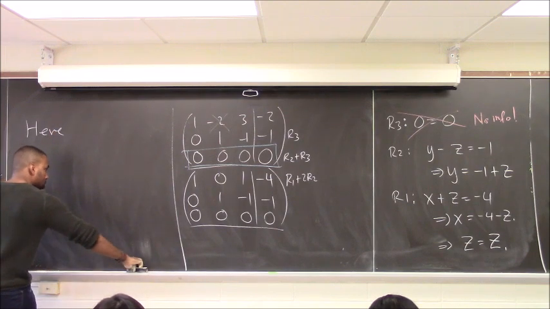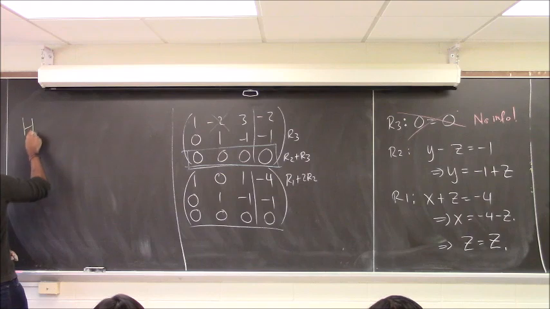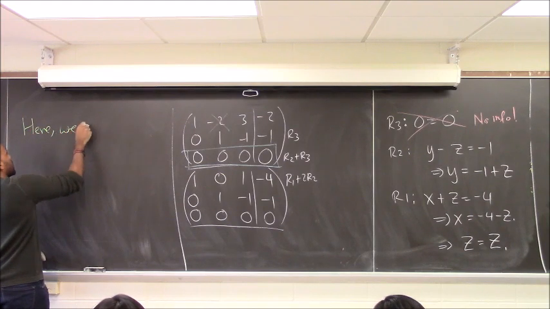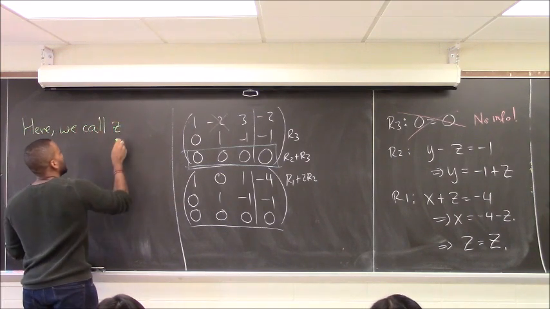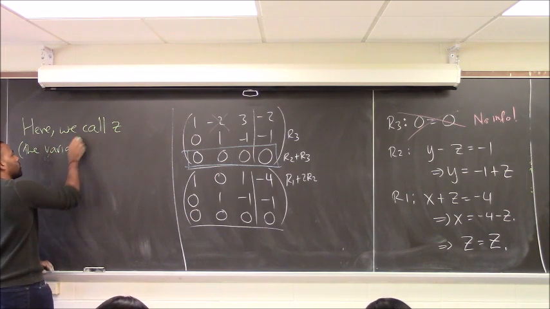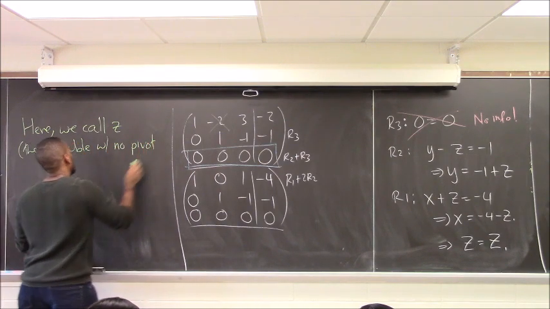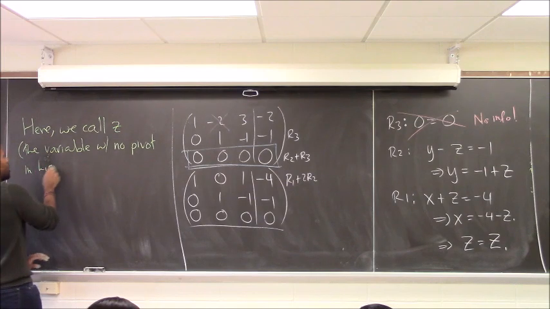Here, we call z the variable with no pivot in his column.